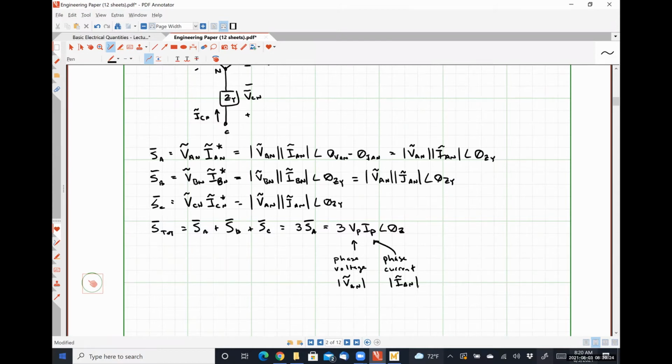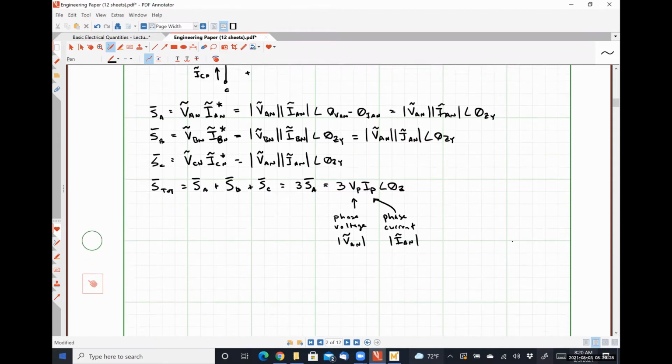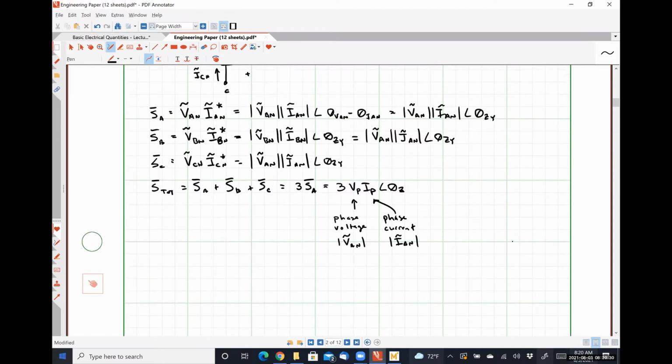So we know that there is a relationship between the phase voltages in a Y-connected system and the line voltages in a Y-connected system, where they are related by a factor of square root of 3 angle 30 degrees. I hope at this point we've beaten that practically to death. Okay.